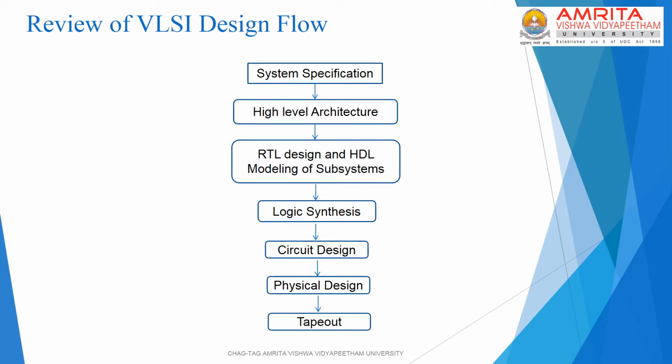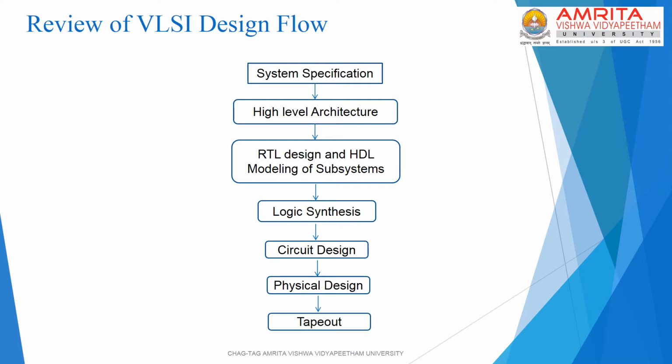Now, just like any other process flow, the VLSI design flow also starts with a system specification. Typically, the system specification is spelled out in a document called the SRS, which probably those who are working in the software industry or in the VLSI industry are aware of. So, as far as a chip is concerned, the system specification primarily consists of the mechanical specifications, the electrical specifications, and the functional specifications.